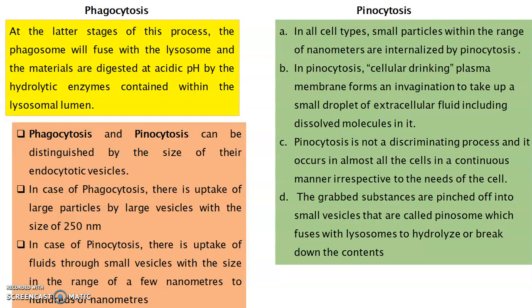At a later stage of the phagocytosis process, the phagosomes will fuse with the lysosome and the material will be digested by the acidic pH and by the hydrolytic enzymes contained within the lysosomal lumen.